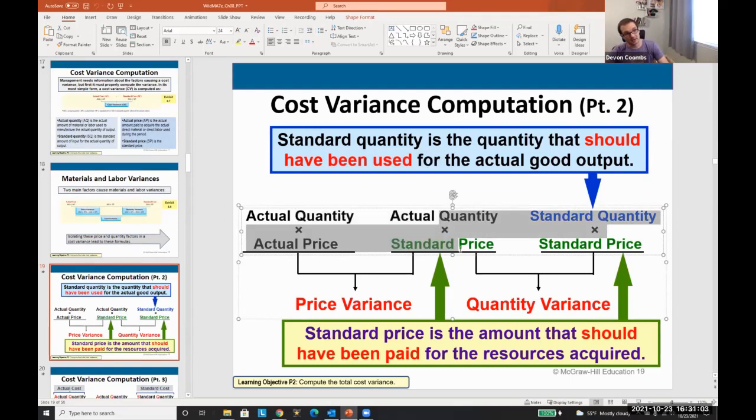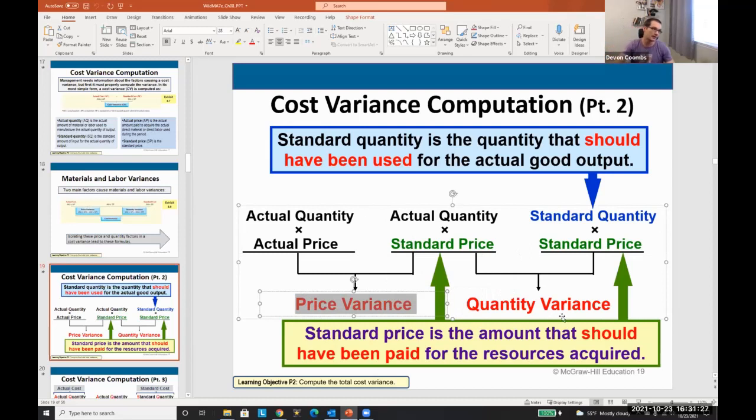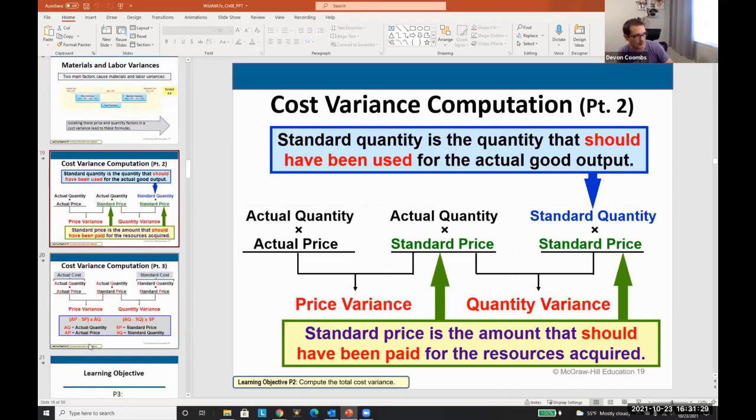You have the actual quantity times the standard price, and then the standard quantity times the standard price. On one side, we calculate actual times actual. On the other, standard times standard. And in the middle, actual times standard. Using the left buckets, we get the price variance. On the right buckets, we get the quantity variance, which we just calculated in the Google Sheets. This is just another way to look at it.